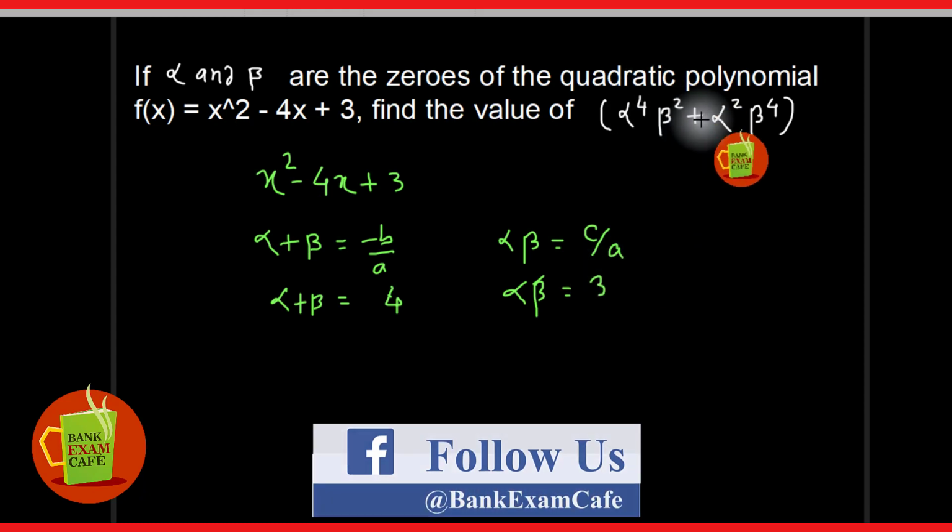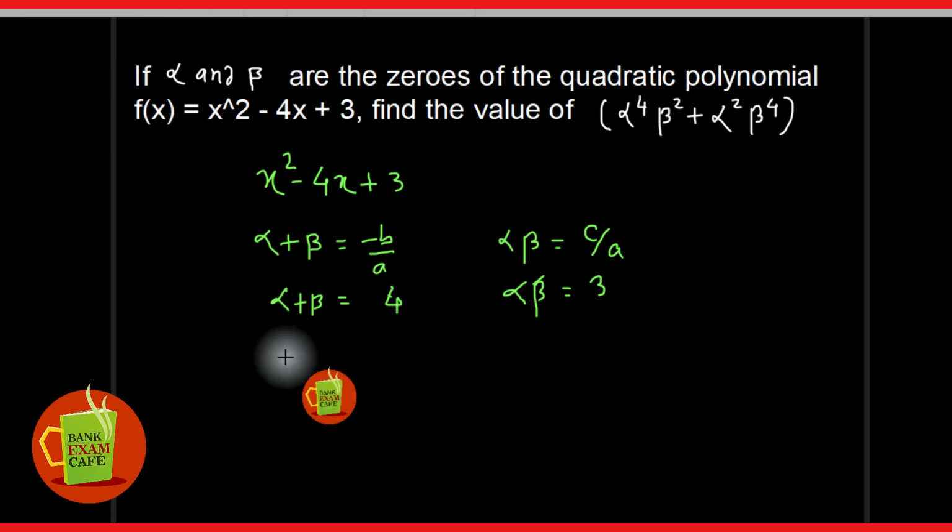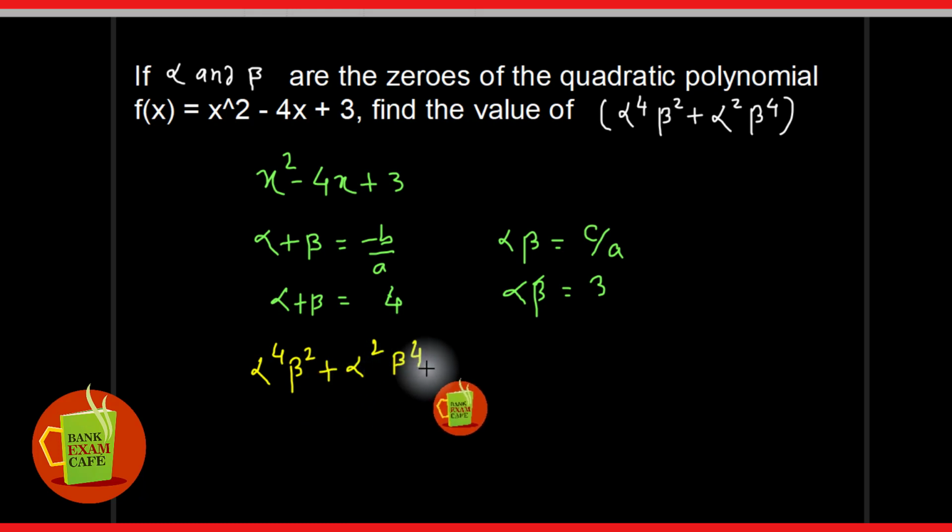Now we have to find the value of alpha⁴ beta² + alpha² beta⁴. From here we see that alpha² beta² will be the common factor, so take it out as a common factor.